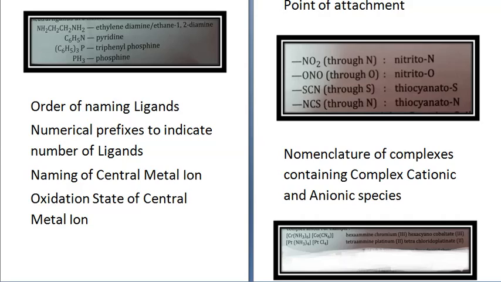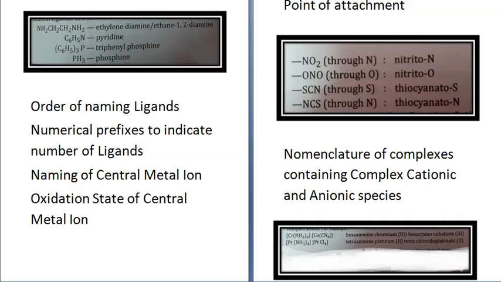When the name of a ligand itself includes a number, such as ethylenediamine, in such a case you will not use di again, you will instead use bis. For tri it will become tris, tetrakis, etc., for 2, 3 or 4 molecules, followed by the name of the ligand in parenthesis.